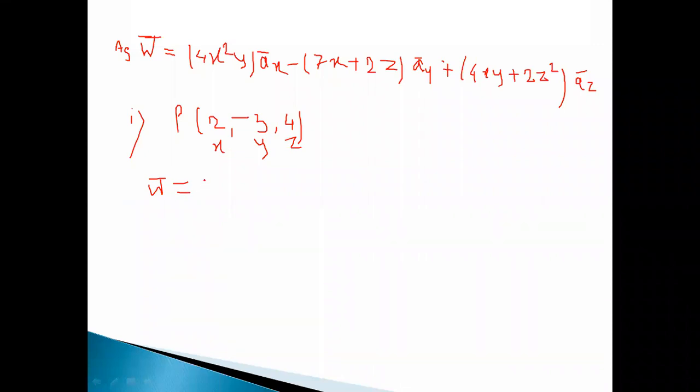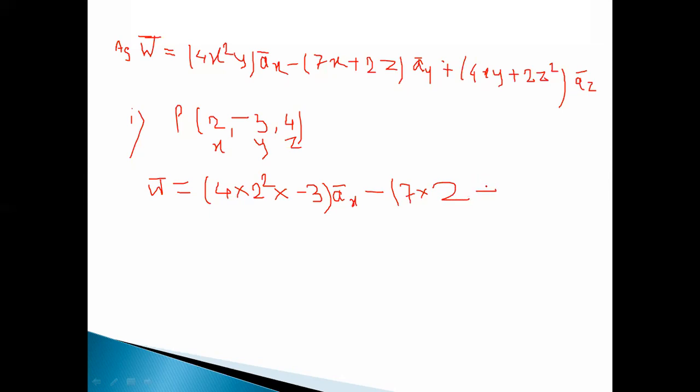So this W bar is equal to 4 X square, X square is 2 square, into Y. So Y is -3, into unit vector A bar X. Then minus bracket 7x, so 7 into 2.